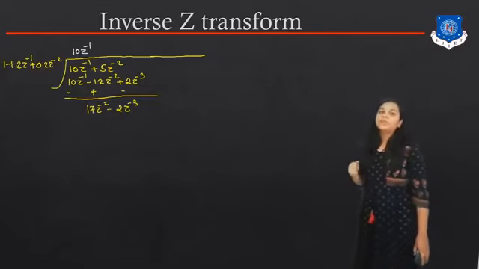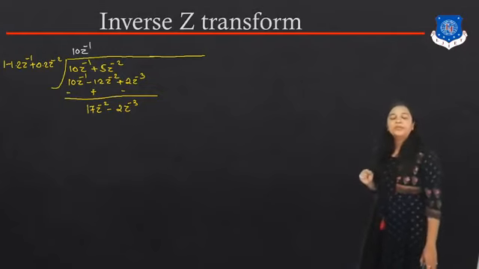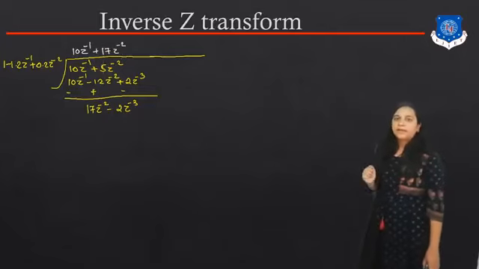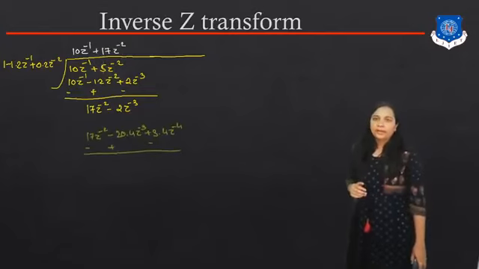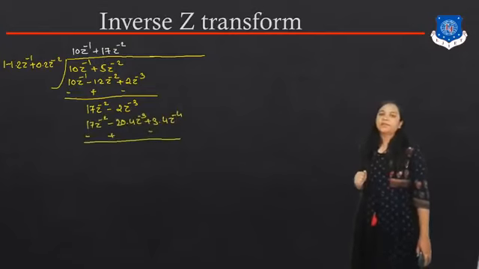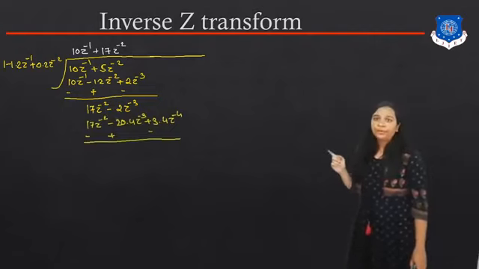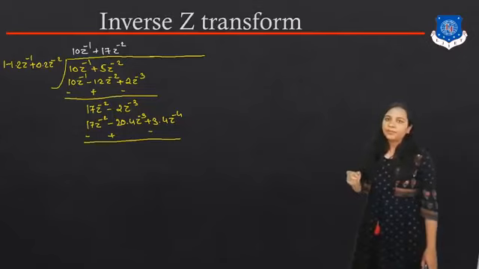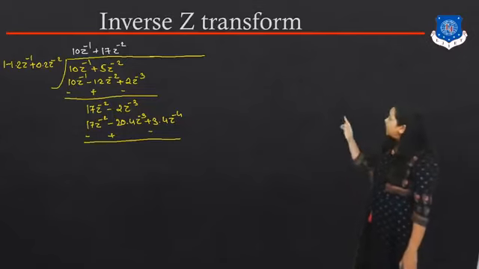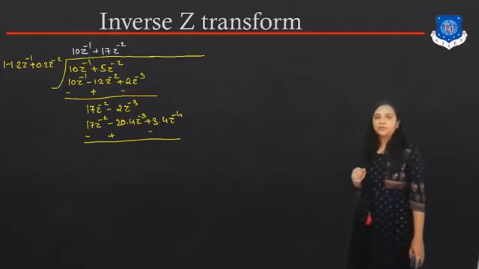Next we multiply the denominator by 17 z to the minus 2. We get 17 z to the minus 2 minus 20.4 z to the minus 3 plus 3.4 z to the minus 4.